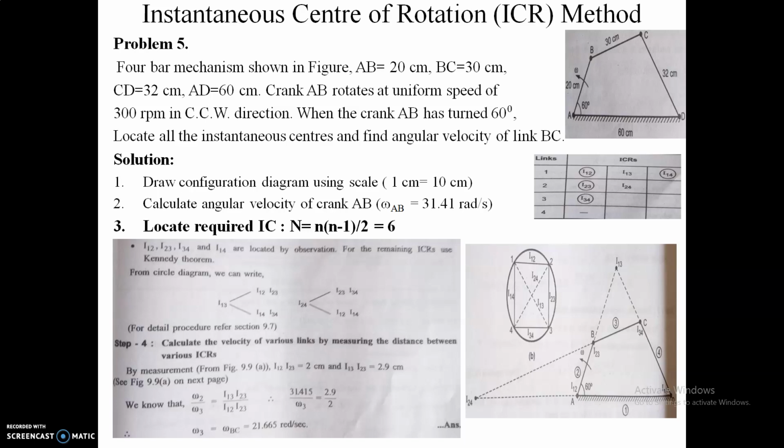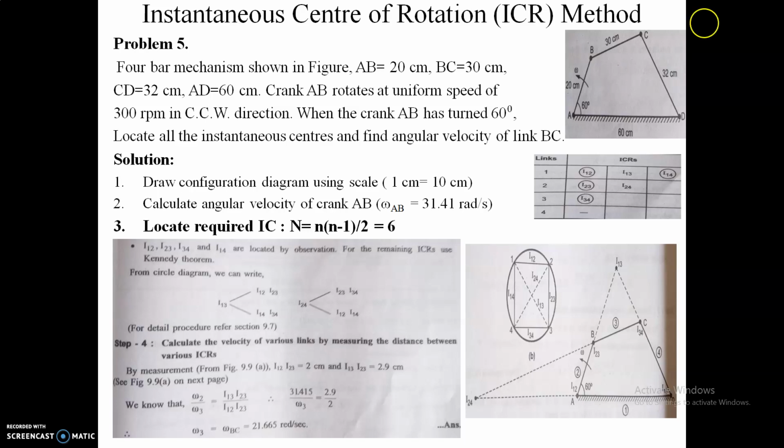Then you write down the numbers of the IC on that circle, that is 1 2 3 4. Then you connect 1 2, 2 3, 3 4 and 1 4 with a dark line, since a dark line means the IC is known. So I have joined 1 2 by dark line, 2 3 dark line, 3 4 dark line, and 1 4 by a dark line on the circle diagram. Now the next one is 1 3.